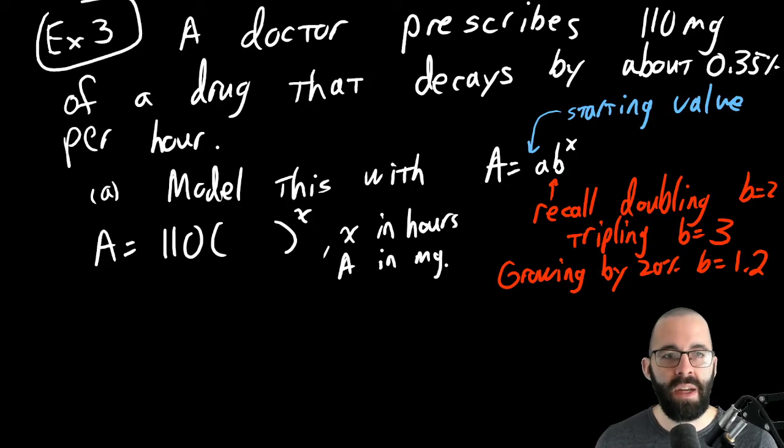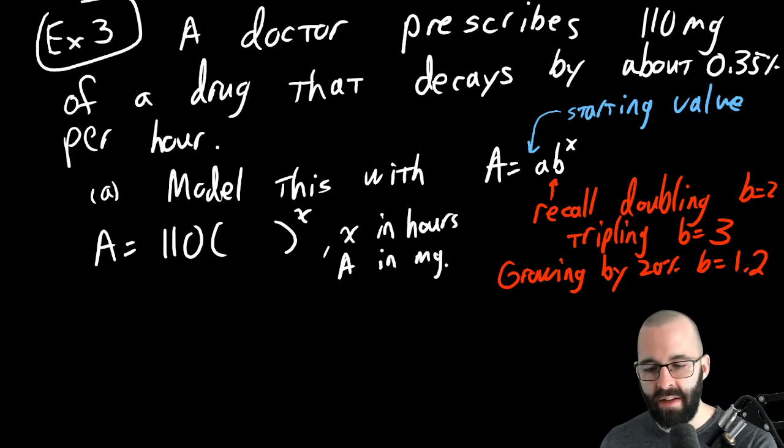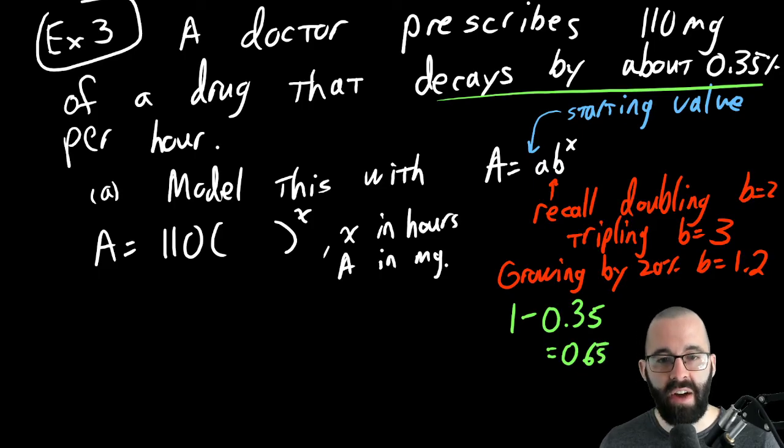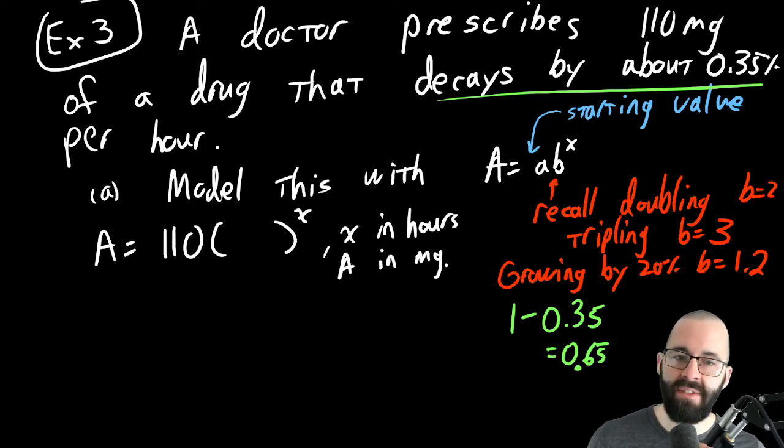So the question is, what's our B? Well, if we grew by 35%, then it'd be 1.35. Decaying by 35%, it's going to be 1 minus 35%, 0.65. Every hour, if we're losing 35%, that means every hour we have 65%. Right? If we're losing 35%, that means we have 65%.